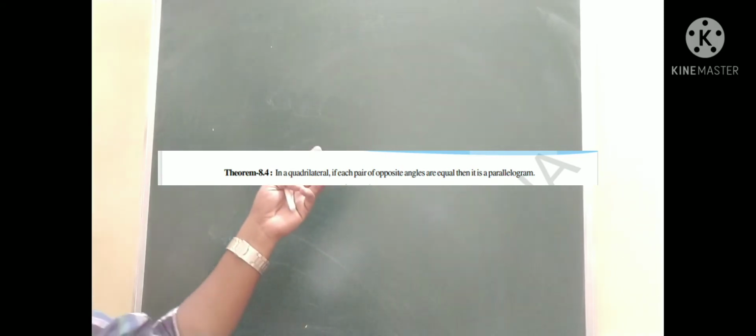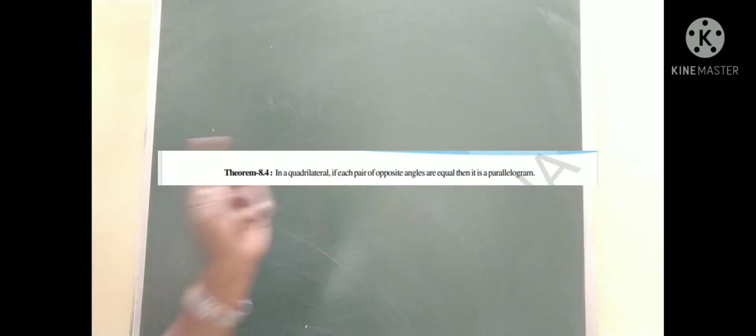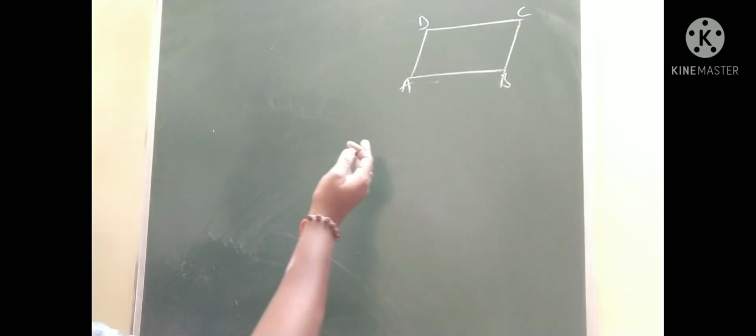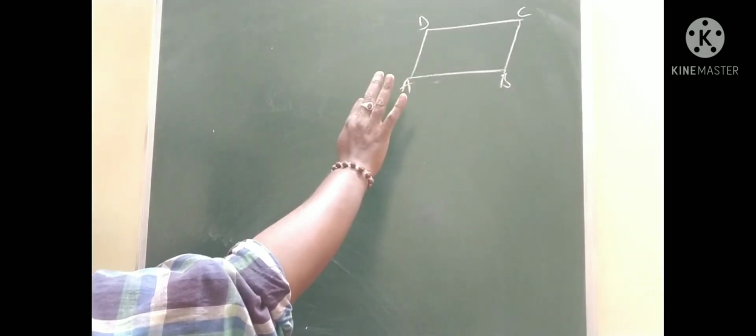So the next statement is, in a quadrilateral, if each pair of opposite angles are equal, then it is a parallelogram. Let me draw the rough diagram. So in the quadrilateral ABCD here, let us consider a quadrilateral only. We are not going to consider it as a parallelogram.